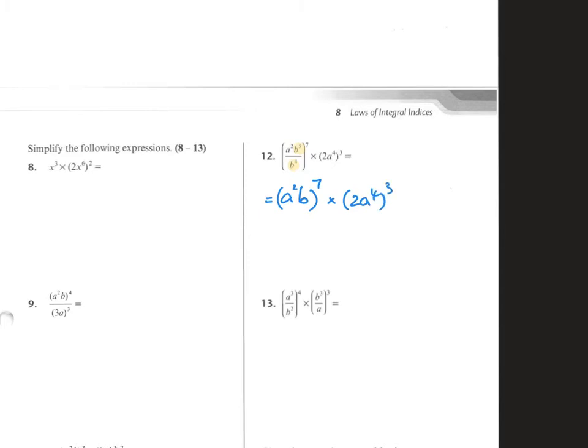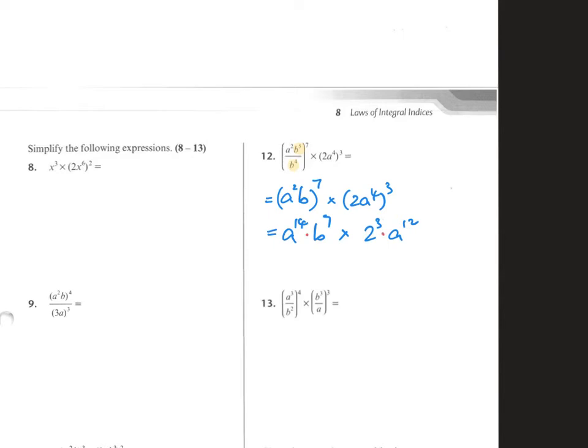Yes, properly. Afterward it is a to the power 14, b to the power 7, multiplied by 2 cube and a to the power 12. At last, don't forget that the symbol is omitted in between the letters. A to the power 14, b7, that means they are multiplied together, as are 2 cube and a to the power 12.